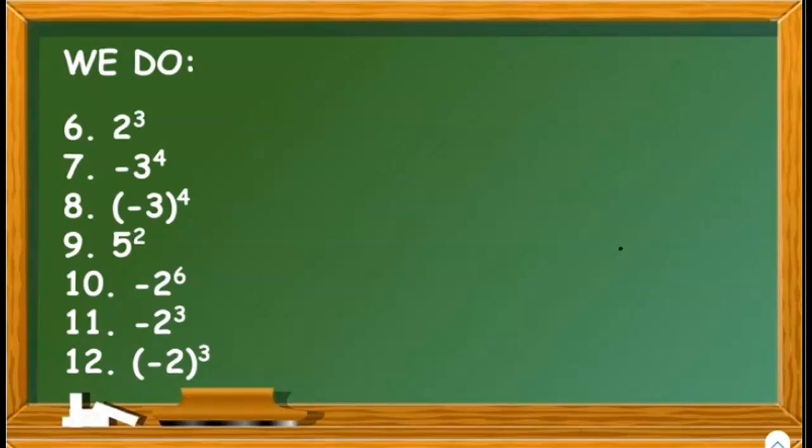So I like saying the opposite of 2 to the third. The answer was a negative 8. And then when we had the negative 2 in parentheses, which meant a negative 2 times a negative 2 times a negative 2, it was also a negative 8. So in this case, the answer was the same.